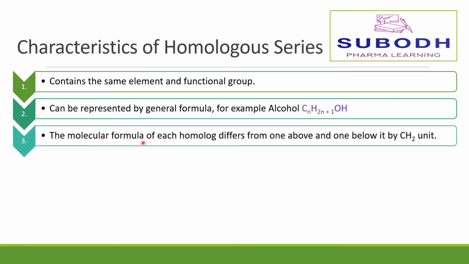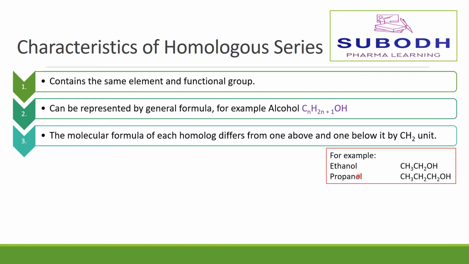The molecular formula of each homolog differs from the one above and the one below by CH2. For example, ethanol and propanol. See here, ethanol contains one CH2 unit, and propanol contains two CH2 units, and these two compounds differ by a CH2 unit.